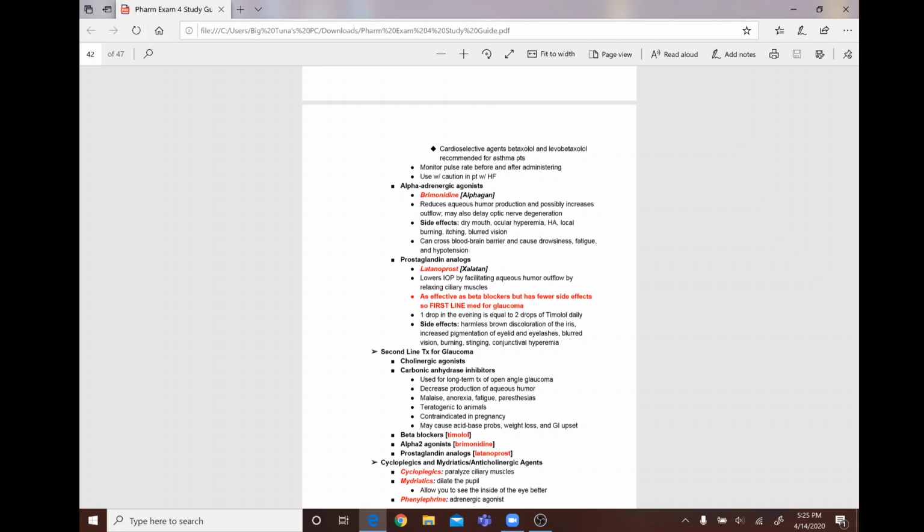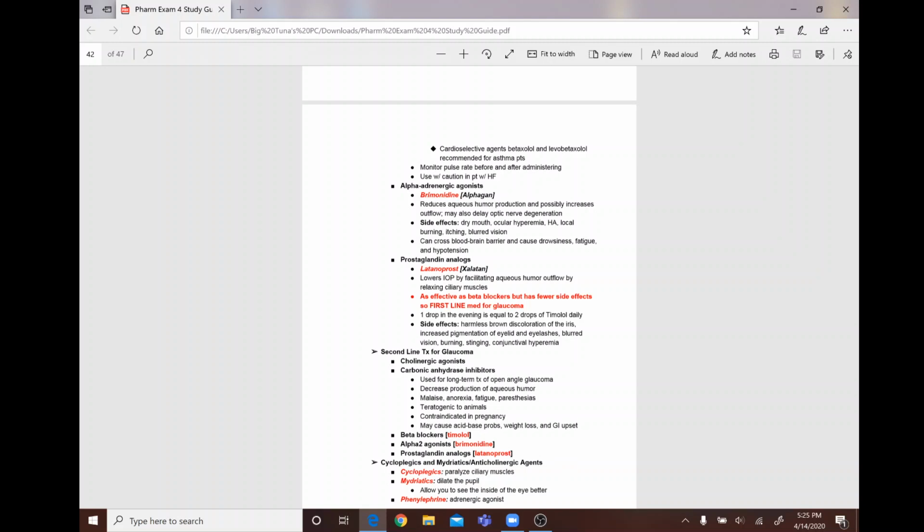What's an example of a prostaglandin analog? Latanoprost or Xalatan. What is the mechanism of action of latanoprost? Lowers IOP by facilitating aqueous humor outflow by relaxing ciliary muscles. As effective as beta blockers, but has fewer side effects, so it's a first-line med for glaucoma. One drop in the evening is equal to two drops of timolol.